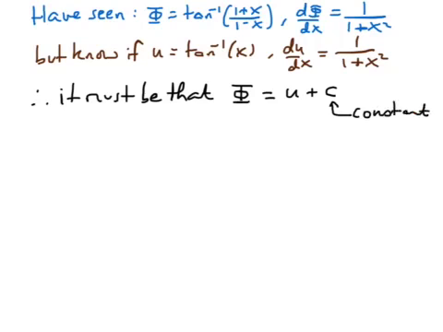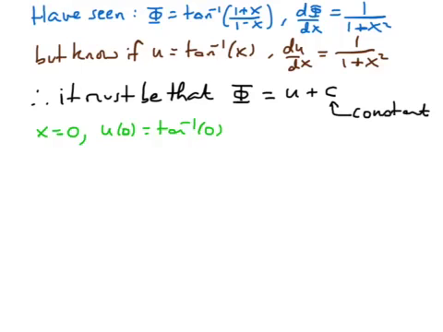We can see whether this is the case by putting in some values. Let's say that x is equal to 0. For x is 0, u of 0 is going to be the arctangent of 0 from the definition of u in terms of x.